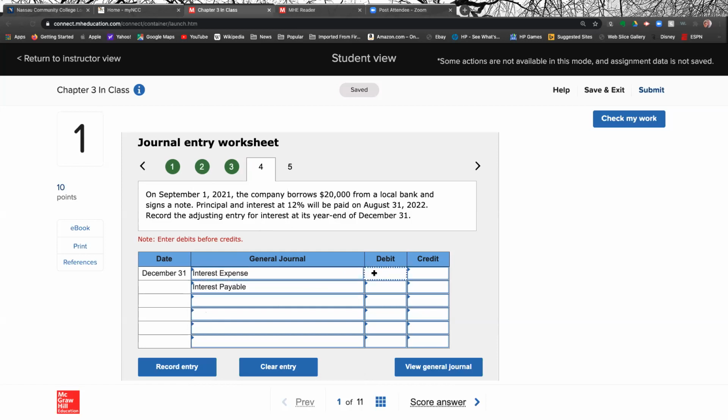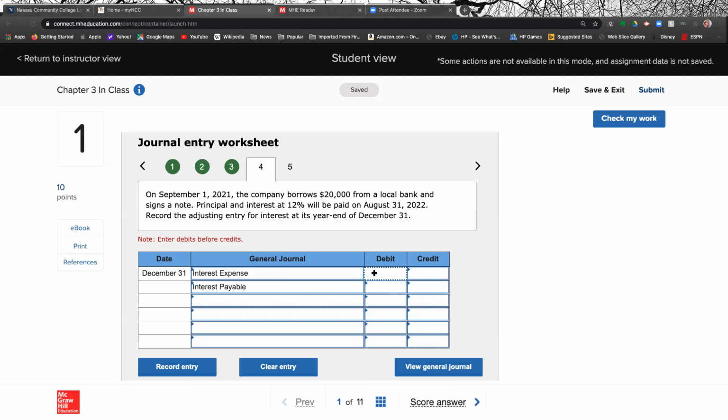Now the amount. 12% is a great number because, I should say this, anytime you see an interest rate in a problem, it's an annual rate. So if we're calculating something that's less than a year, we have to break it down. Okay?